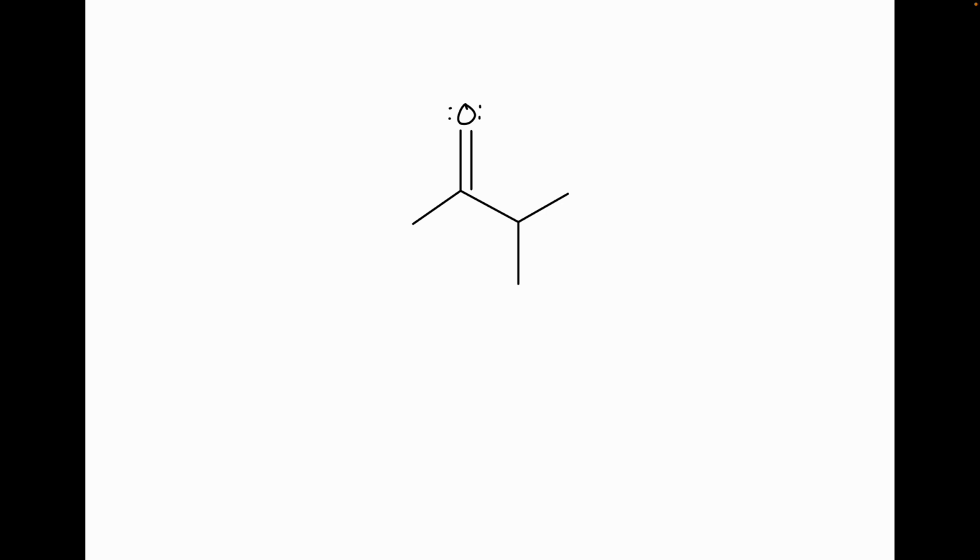Because that LDA is such a big, bulky base, which one of these two alpha carbons do we think it's going to have an easier time deprotonating? Blue or green? Blue. This big, bulky base cannot easily access carbons that are sterically hindered, and so it is going to prefer the more accessible alpha carbon.